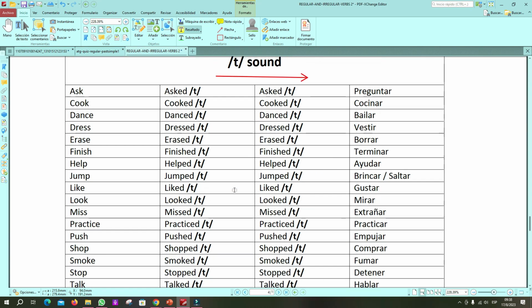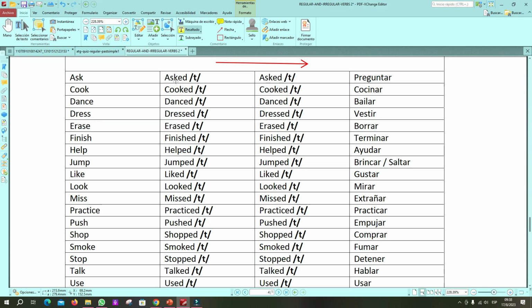What about this one? The T sound. Mr. Abraham? What about this one? The T sound.